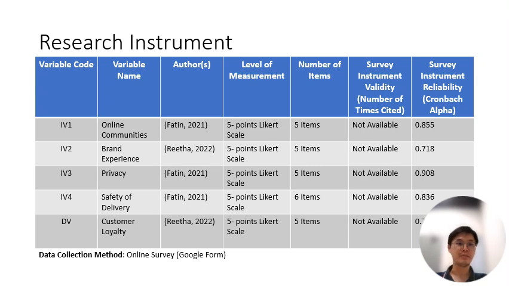There are 5 items for IV1, 2, 3, and the DV, and 6 items for IV4. Unfortunately, the researcher can't get any information about validity, but can retrieve the Cronbach's alpha. All of them are above 0.7, which means it's quite reliable.